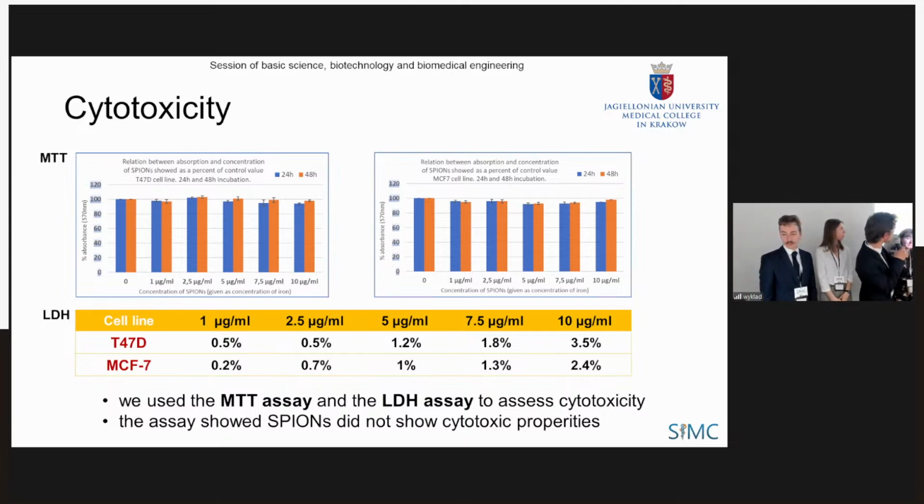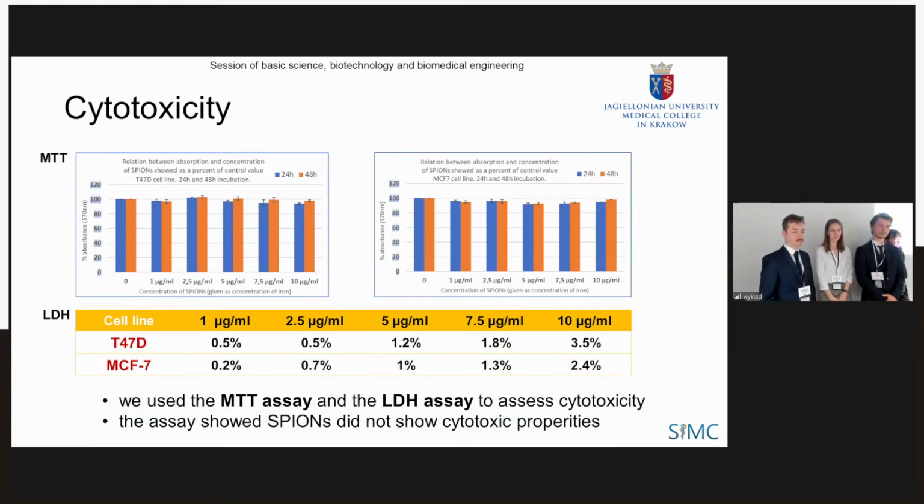Those results were subtracted from the other results to exclude the effect of SPIONs on absorbance of light itself. So those results are in fact absorbance shown by cells with SPIONs minus absorbance of SPIONs itself. So that's how we prepared our charts.